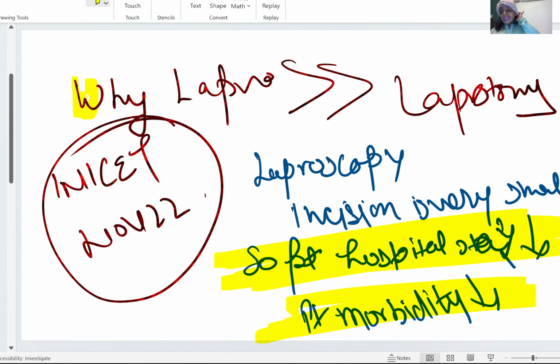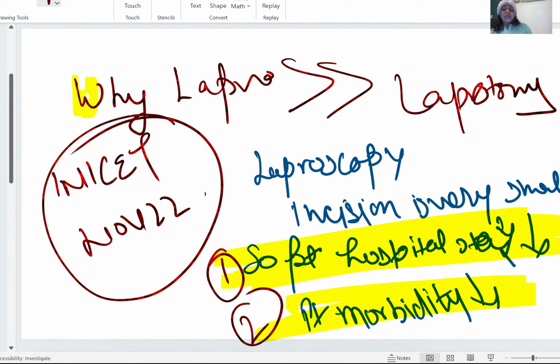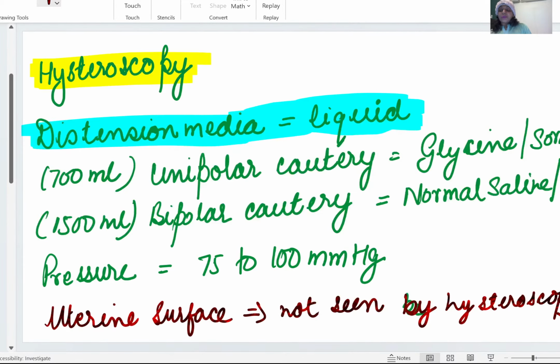Okay, so you can imagine, if the patient is staying in the hospital for 8 days, the patient will take rest at home for 30 to 60 days. And a laparoscopy patient can go and join work after 7 days. So the answer is number 1, hospital stay decreases, and number 2, patient morbidity decreases.